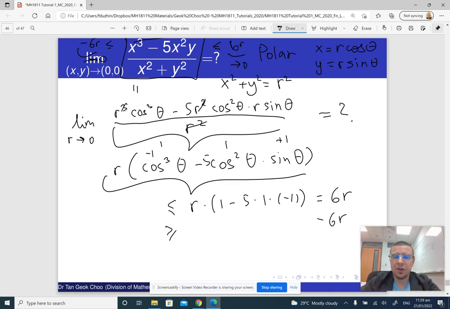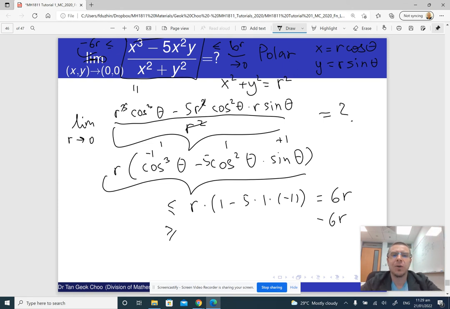But the advantage of this method with polar coordinates is that here we don't have to have any hints, right? It is probably more natural to use the squeeze theorem here, because of the polar coordinates that we introduce, since we see x squared plus y squared.